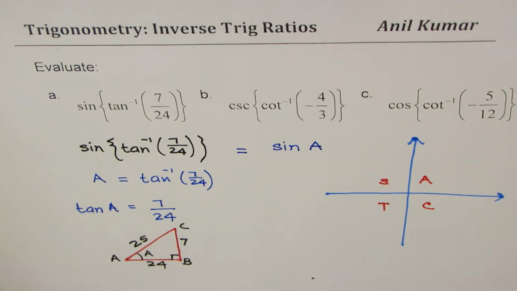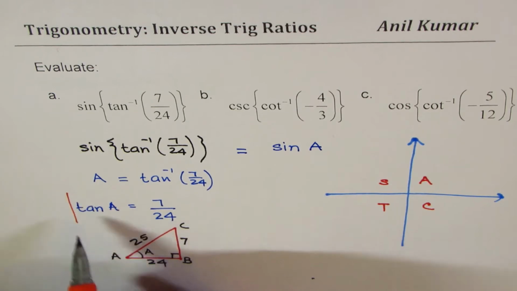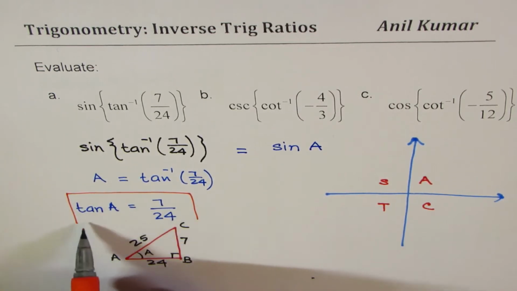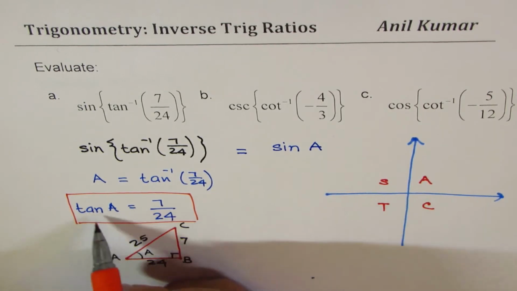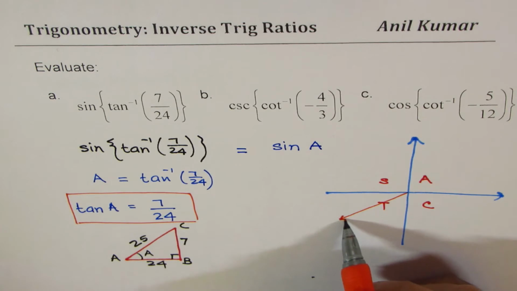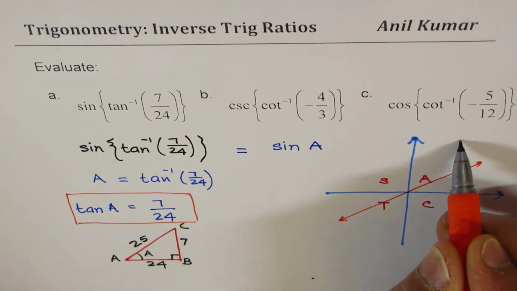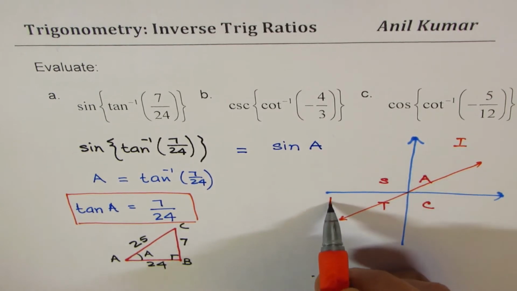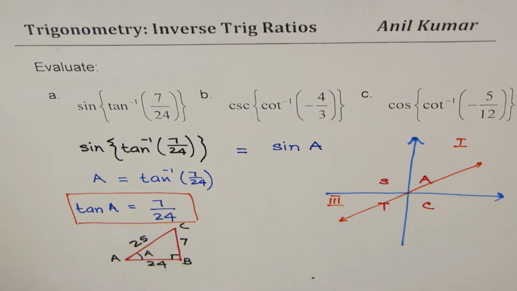And that simply means that when we say that tan is positive 7/24, then this triangle or angle A could be in this quadrant or in this quadrant. Do you see that? So solution lies in two quadrants. Either it is quadrant 1 or 3, correct?